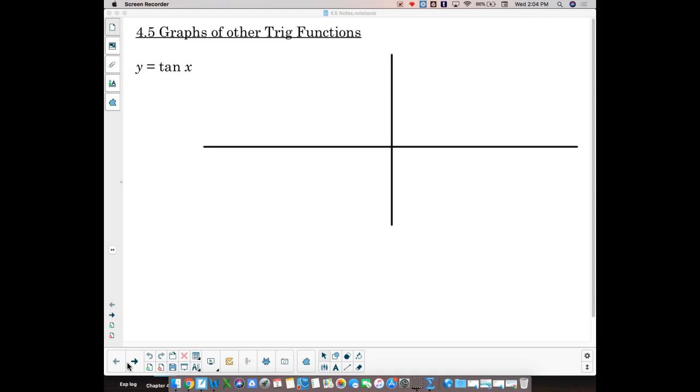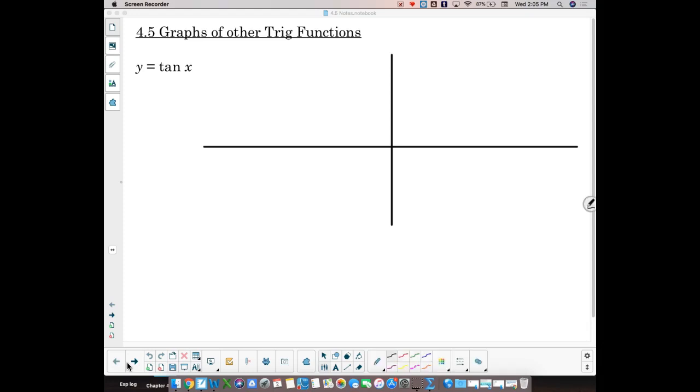So you don't need special graph paper at all for these graphs. We're just going to kind of sketch them on your paper. But I would like you to, at some point in time, put down the function, y equals tangent of x, and then this set of axes.